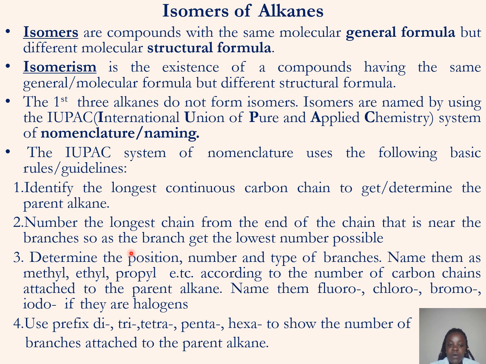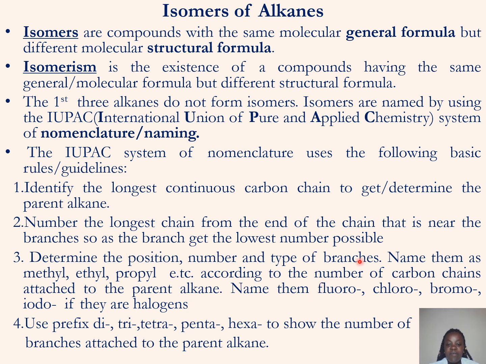So you first look at the longest carbon chain, and this will give us the parent name. Second step, we number the longest chain from the end of the chain that is near the branches, so that the branch gets the lowest number possible.